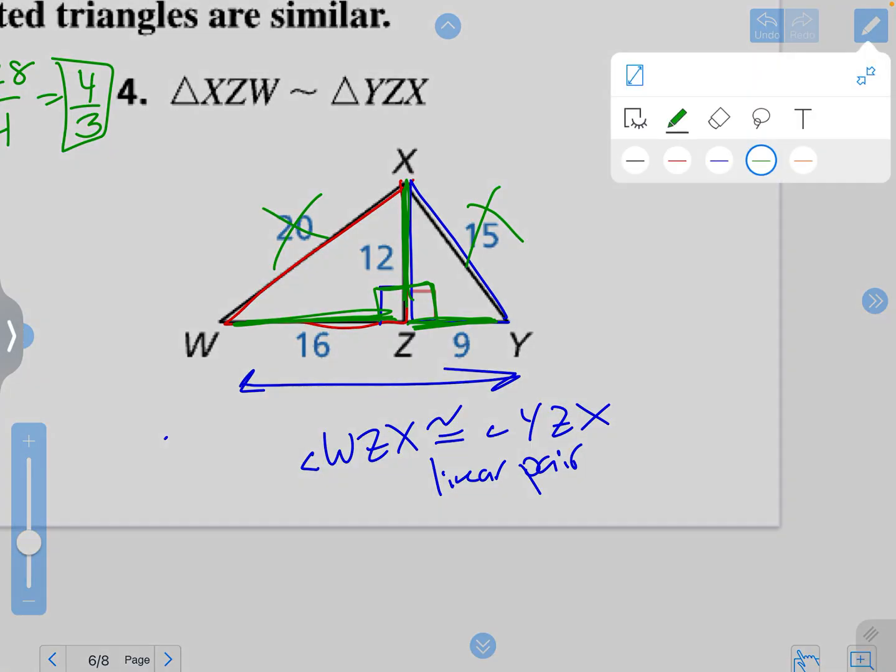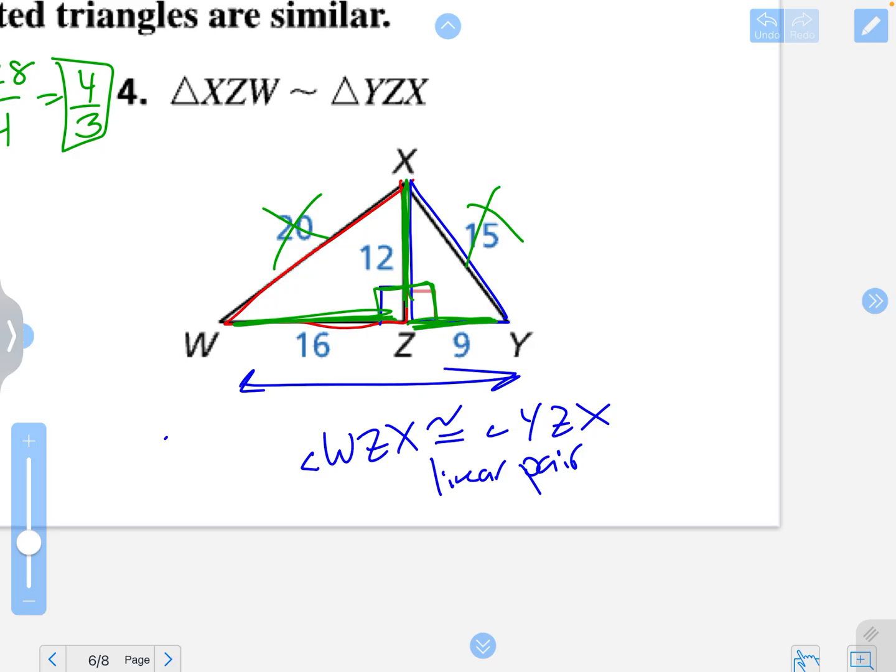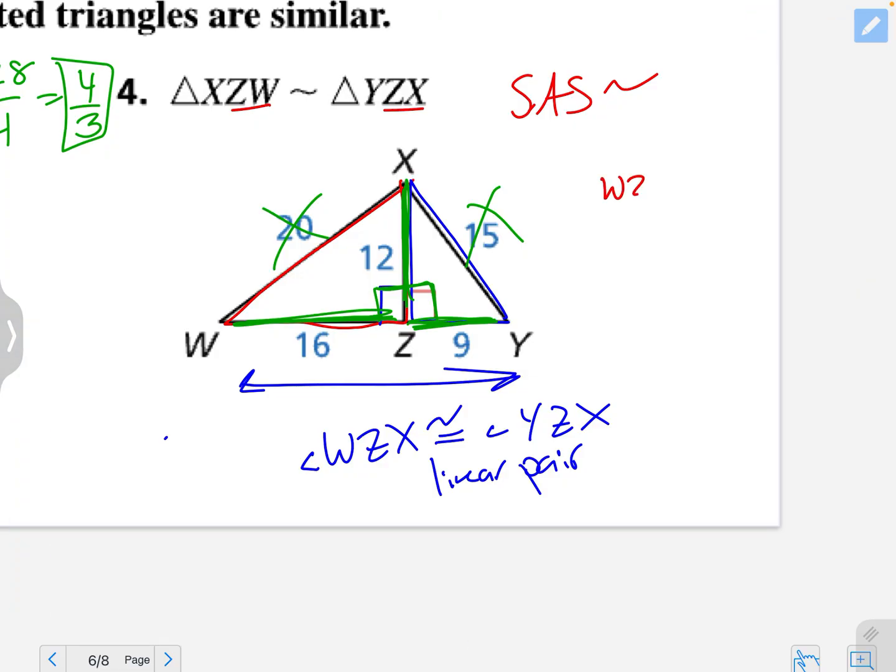Now, if you were going to use side, side, side, you would simply just use all three sides. But I'm going to do side, angle, side similarity. So WZ matches up with ZX. So WZ over ZX is going to get us 16/12.